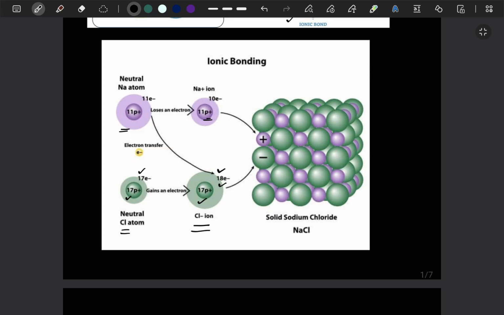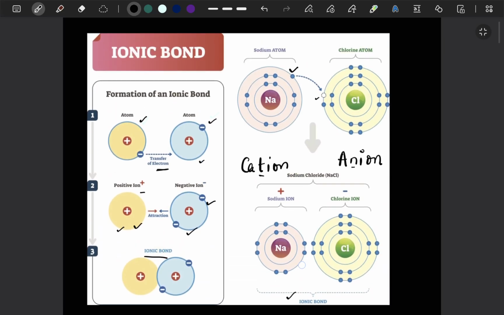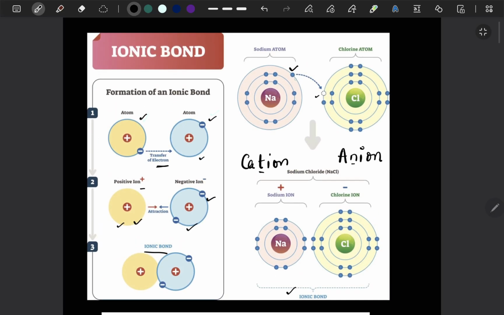Now the valence shell of chlorine is complete with 8 electrons and the valence shell of sodium is complete with 0 electrons. Actually, when sodium loses the electron from its third shell, the second shell is now the outermost shell, and this is complete here. So the octet is complete. And for chlorine, in the third shell, 8 electrons are there, so the octet is complete.